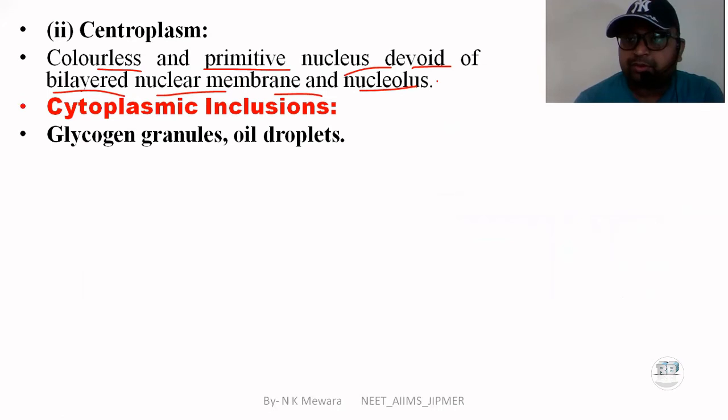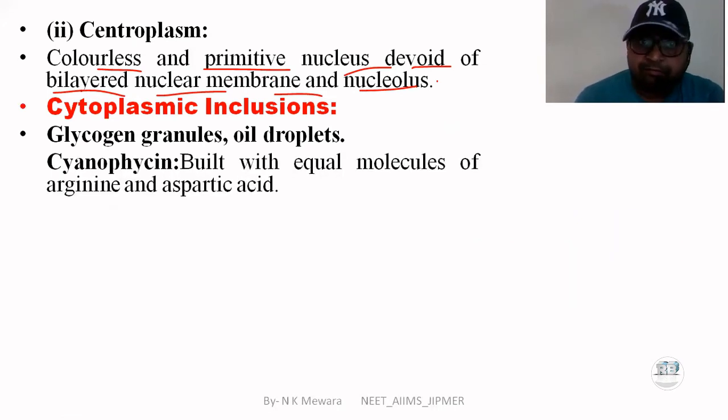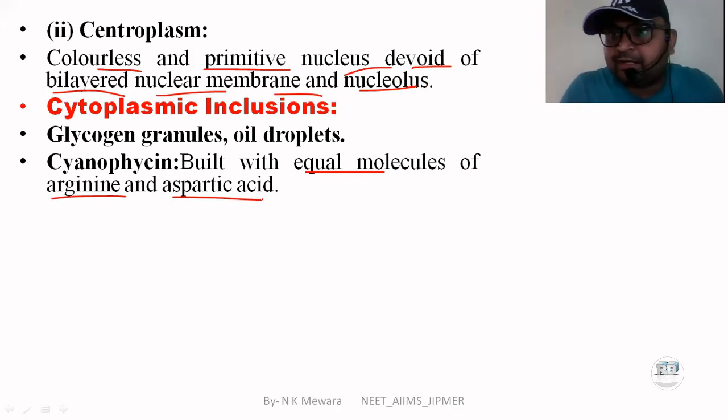Glycogen granules, oil droplets, and cyanophycin. How is cyanophycin formed? It is built from equal molecules of arginine and aspartic acid.